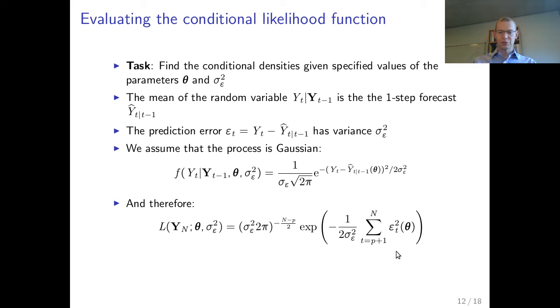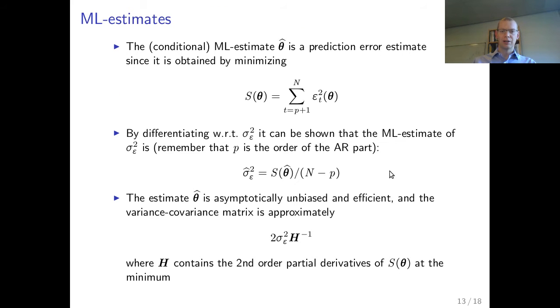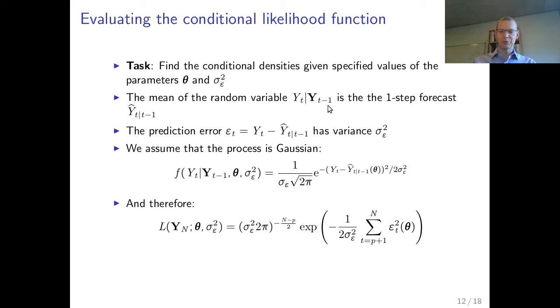So to maximize the likelihood, what we need to do is to maximize this, and next we can just write it. What we need to look at is to minimize the sum of squared prediction errors. If we go back one slide, we have sigma epsilon in here and we have a minus there, so we want to minimize this to maximize the exponential of that.